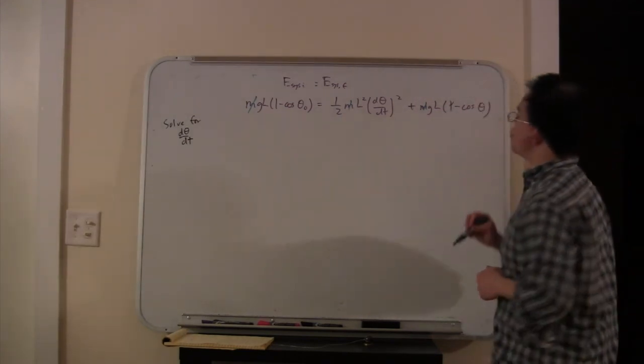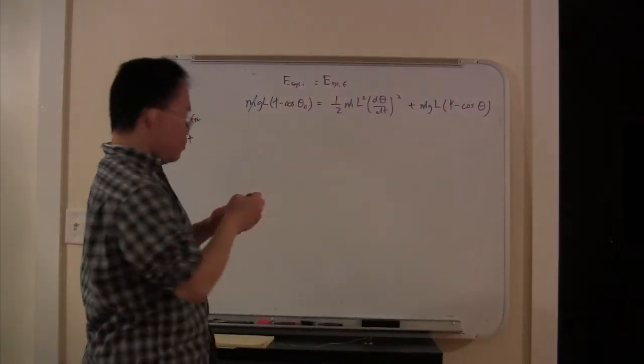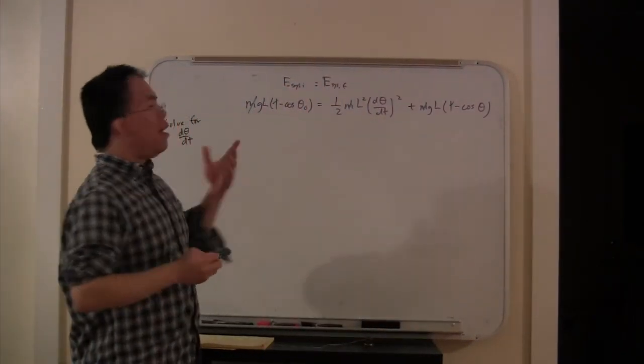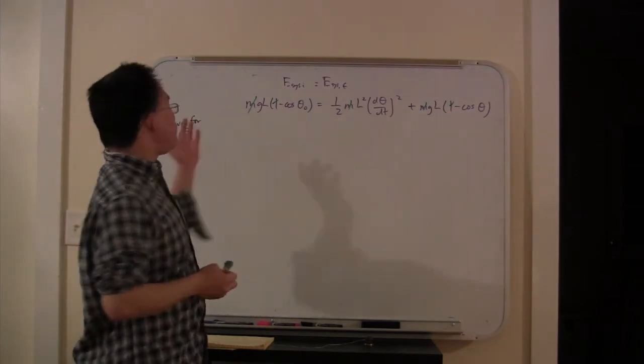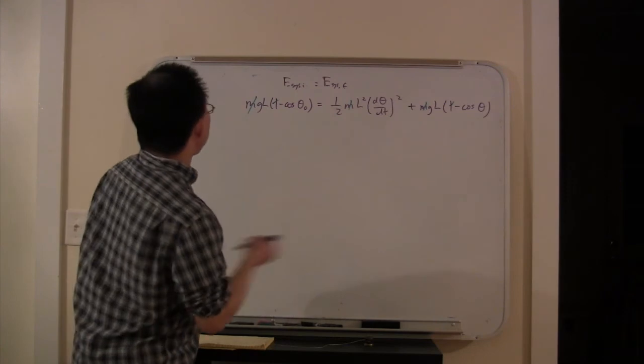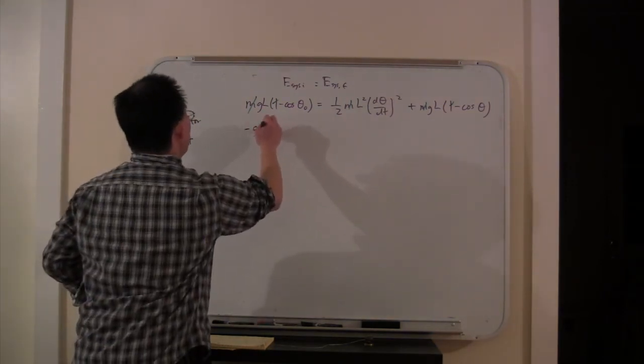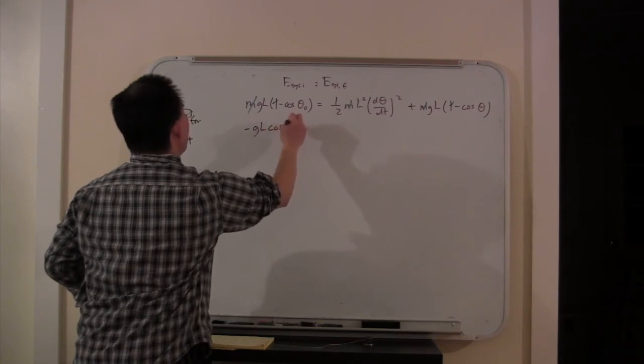I'm just going to cross that out as well, since we know that those two terms cancel. So that already helps us a lot, because we can now simplify a whole bunch of this. So this now becomes minus GL cosine theta naught.